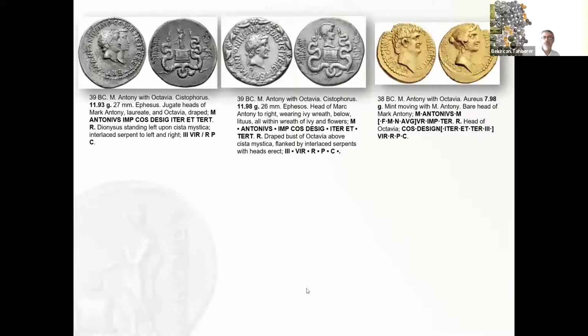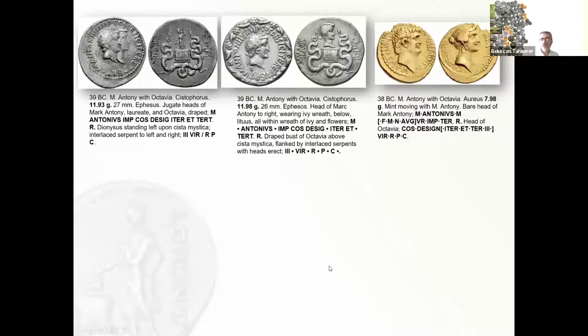And Mark Antony's Asian mint, Ephesus, produced 2 coins on the occasion of his marriage to Octavianus's sister, Octavia, in the cistophoric denomination. And he also produced a coin with his wife in a gold denomination.